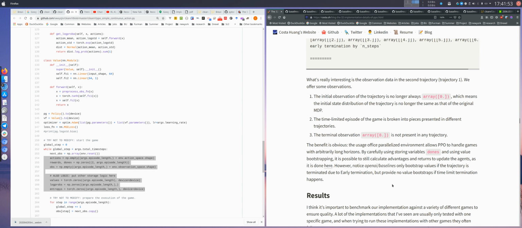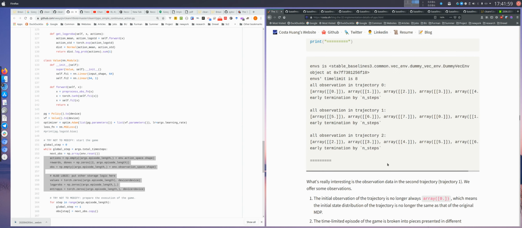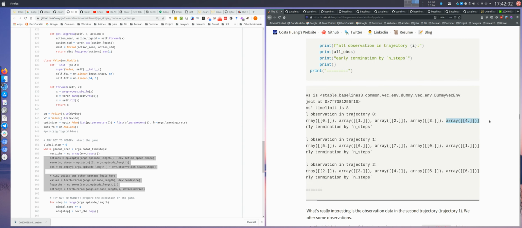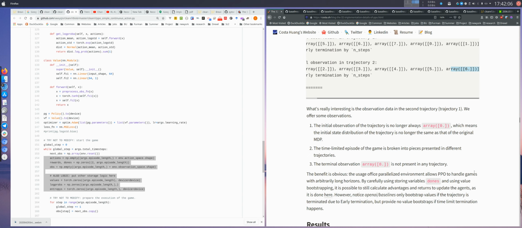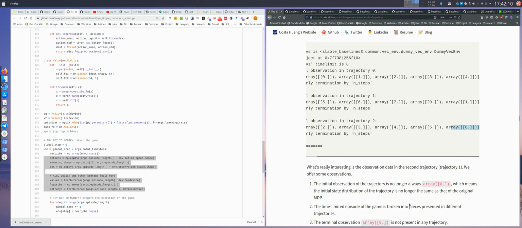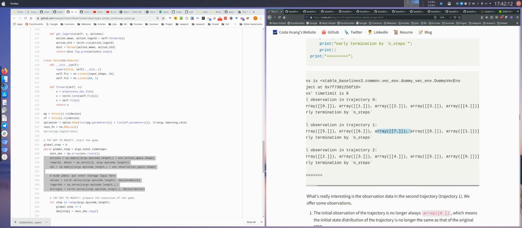However, notice OpenAI baselines only bootstrap values if the trajectory is terminated due to early termination. So it happens over here, right? 416, it happens over here. However, it does not bootstrap values if the time limit termination happens. In particular, time limit termination happens over here, right? Because at 7, you reach the time limit terminal observation of 8, but then it's cut off.